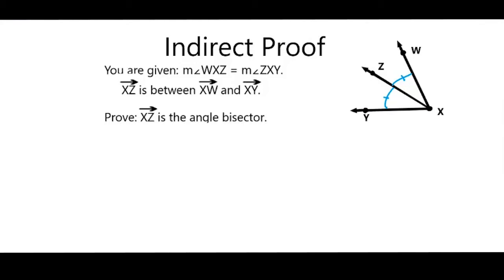And we're to prove that ray XZ is the angle bisector of WXY. So using an indirect proof, we are going to assume that ray XZ is not the what? So we assume that ray XZ is not the angle bisector because that's the opposite of the proof statement.